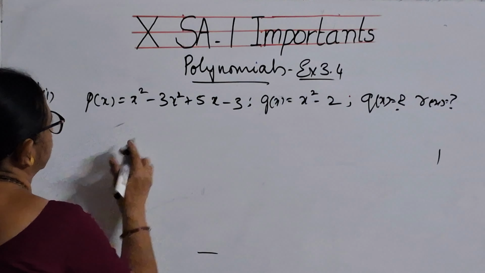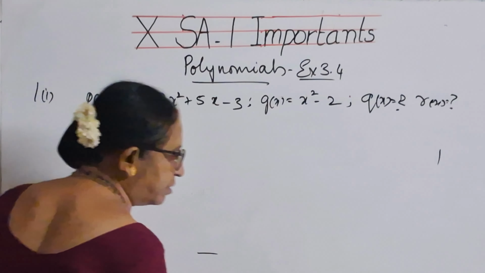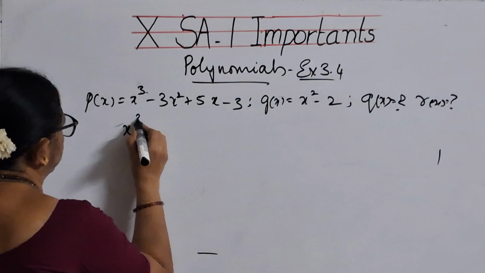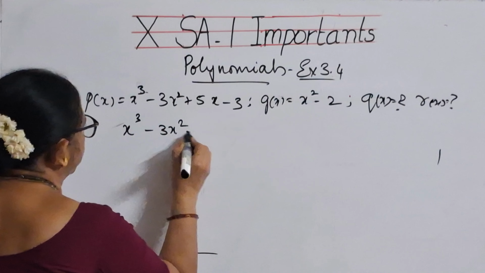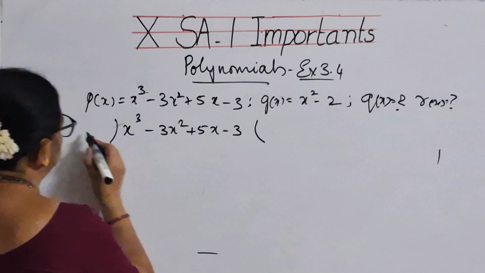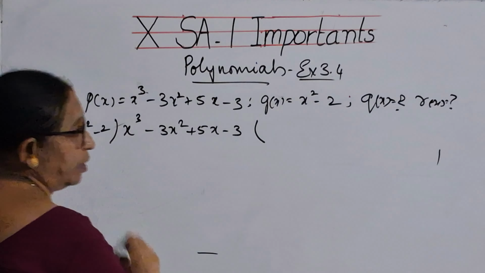So let me take the polynomial x cube minus 3x square plus 5x minus 3 should be divided by x square minus 2.